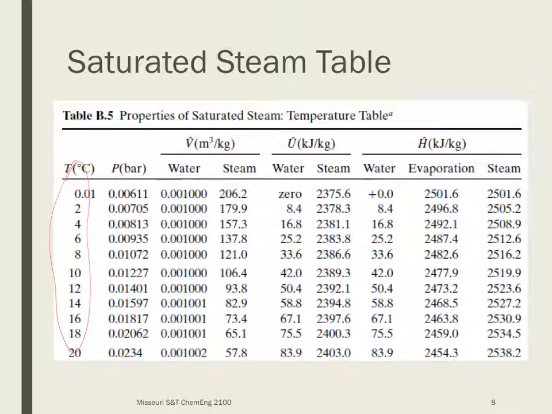So I've shown you the one that's sorted by temperature, and they have specific volume, specific internal energy, and specific enthalpy. And they show you what those numbers are for the liquid state and for the saturated vapor state.